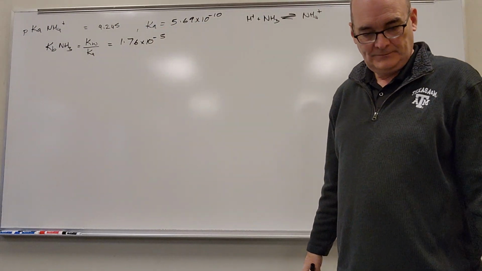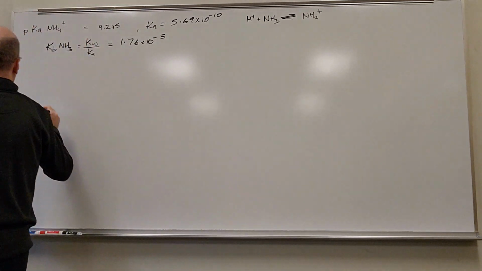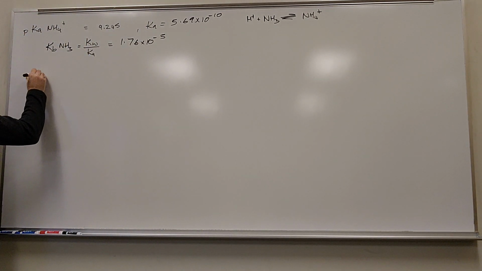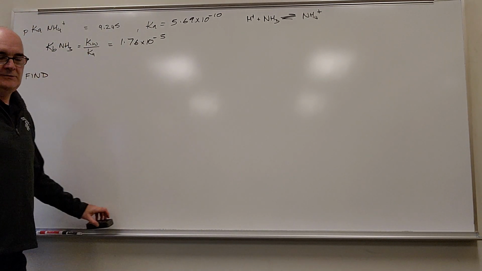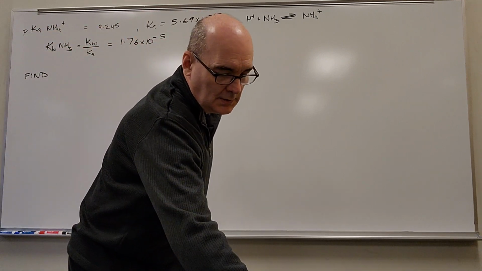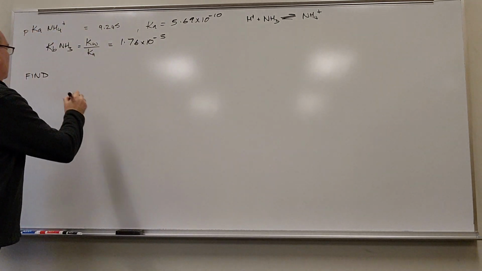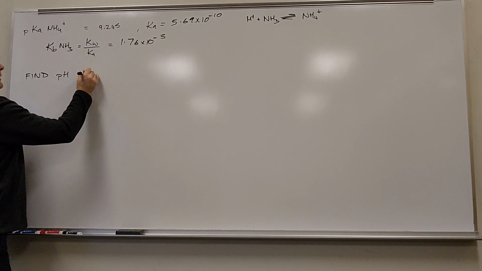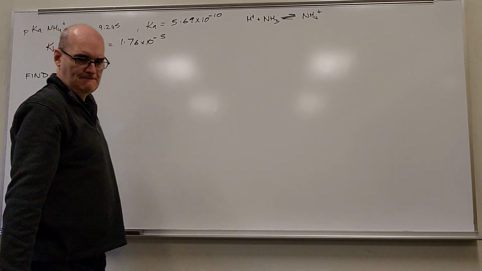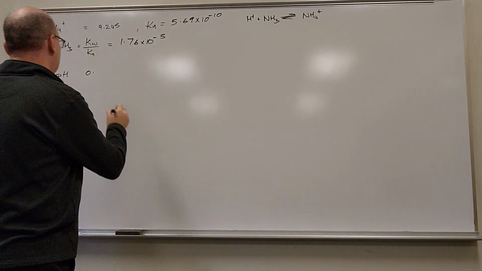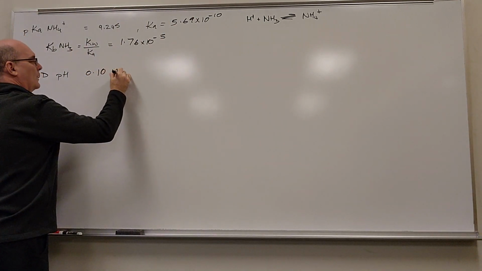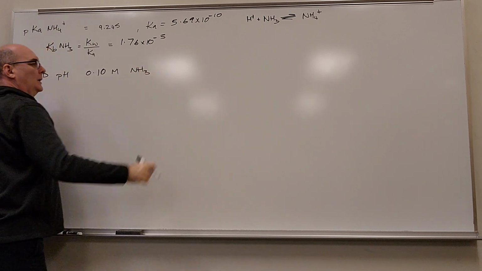All right, now that we have a value of Kb, let's go ahead and just find pH. What are we gonna do? Find the pH of 0.1 molar ammonia.